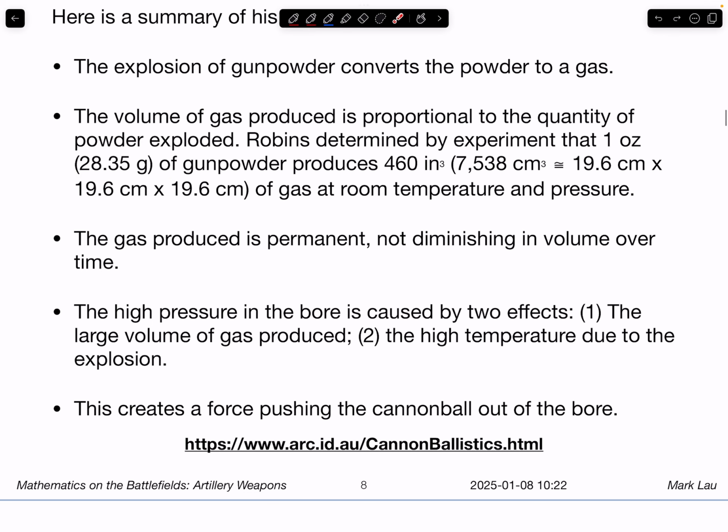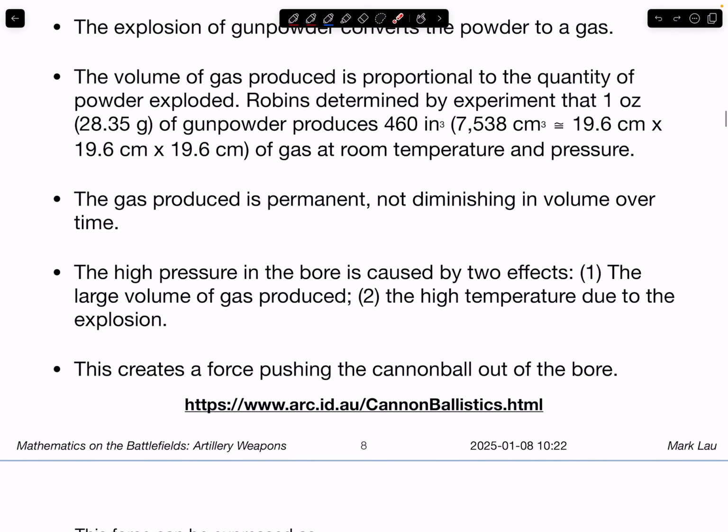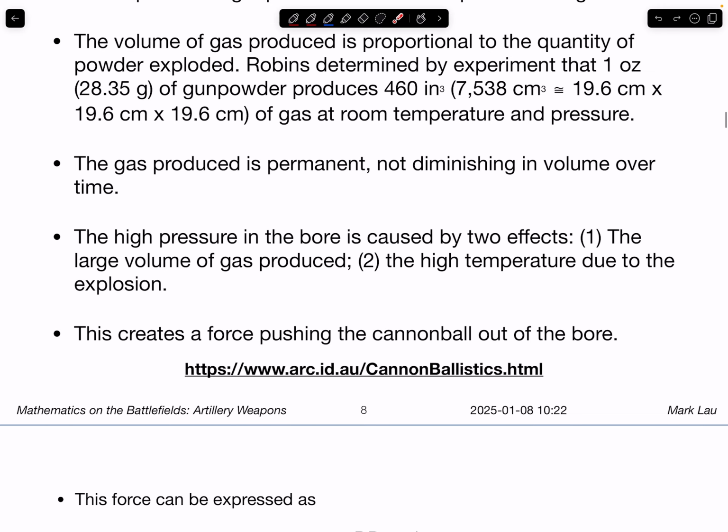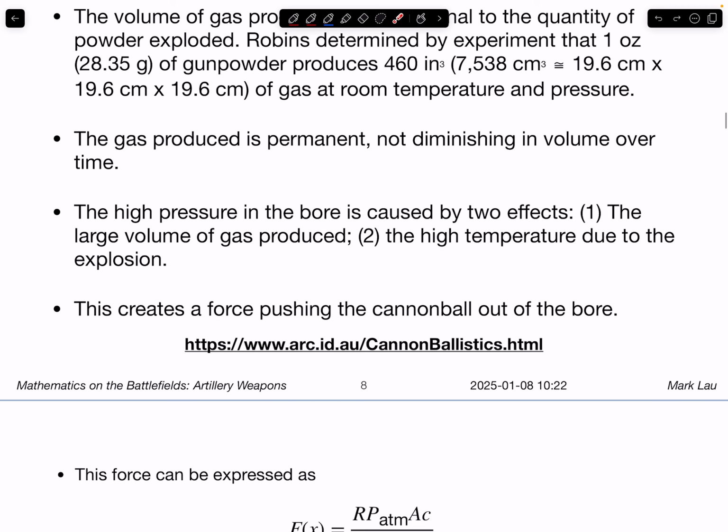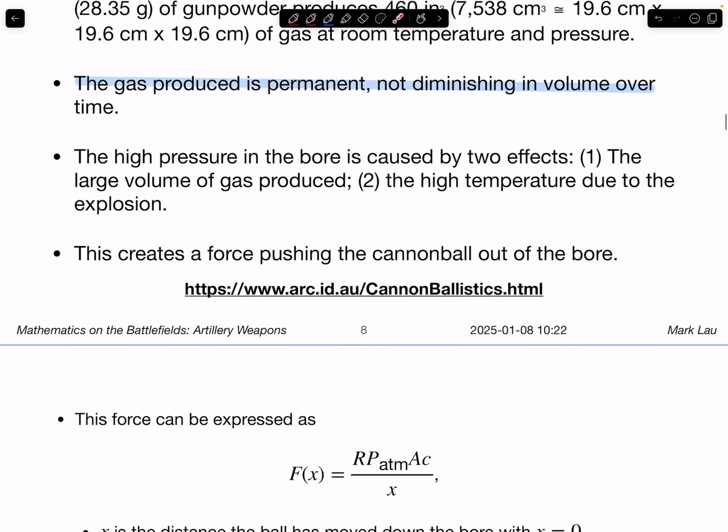The gas produced is permanent, not diminishing in volume over time. So the gas that is produced after the explosion has a fixed volume and it does not decrease over time. This is an important fact, I think. The high pressure in the bore is caused by two effects: the large volume and the high temperature.